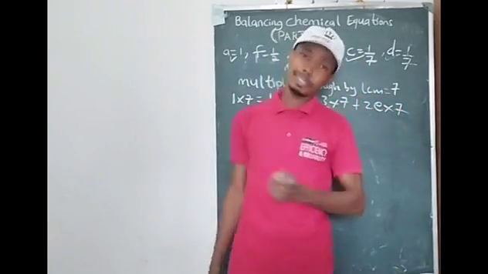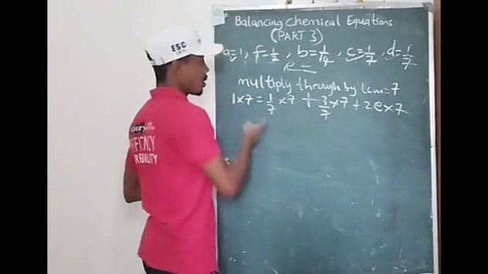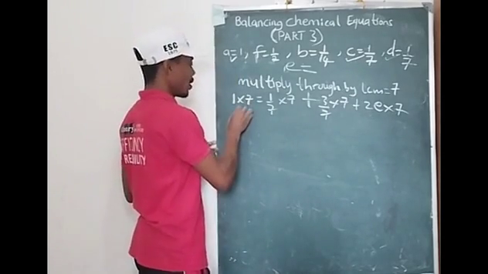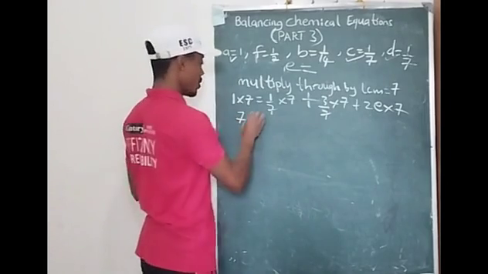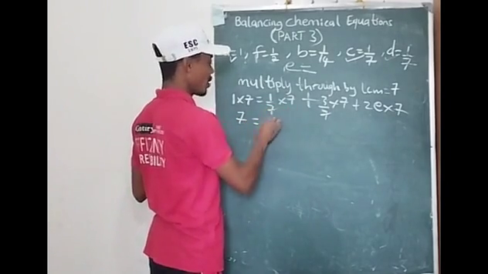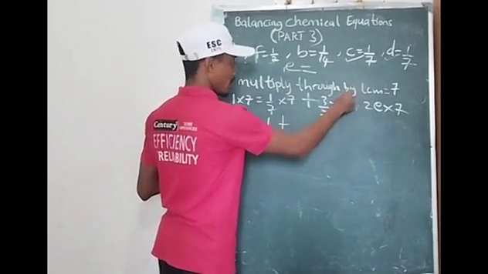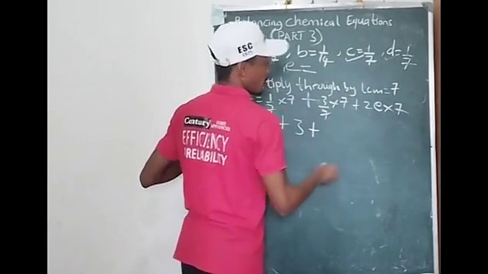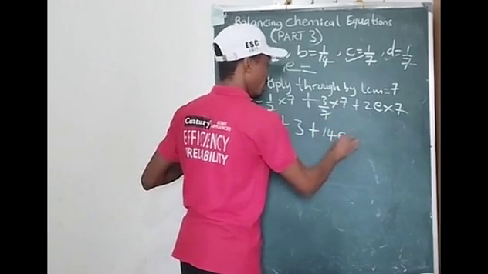Multiplying through by the LCM, this LCM being 7. So 1 over 7 times 7 is 1. 7 cancels 7, so that's 3. 2E times 7 is 14E.